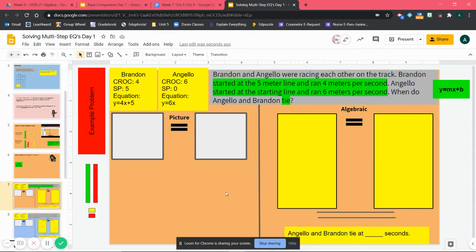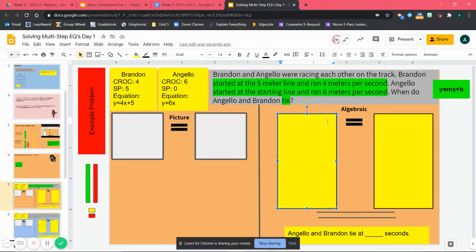So I'm going to set up my equations. I need to know when Brandon is tied with Angelo, and we're going to use tie as an equal sign. I want to know when Brandon is equal to Angelo in the race.